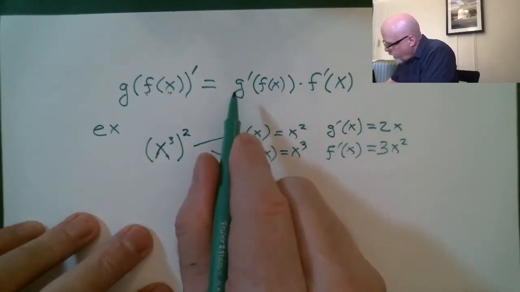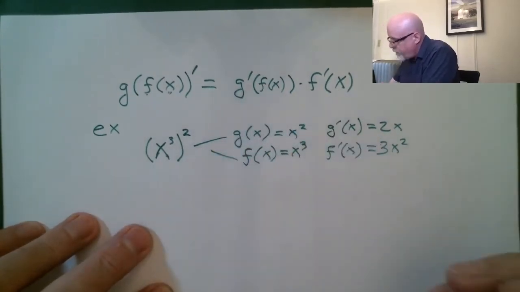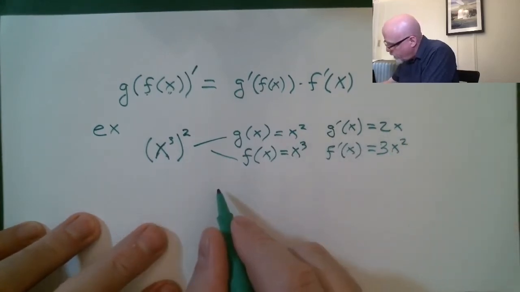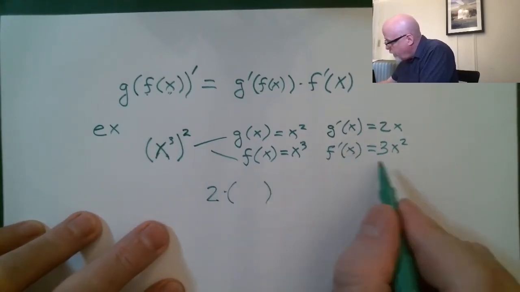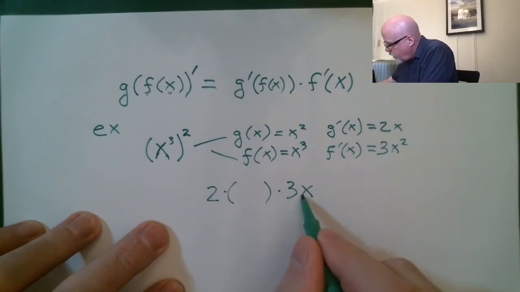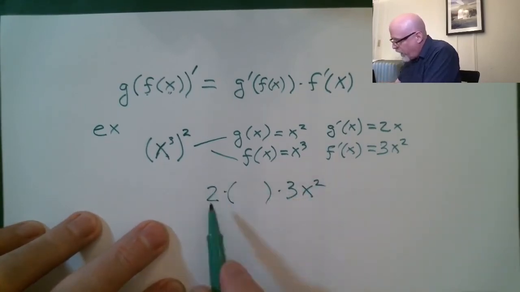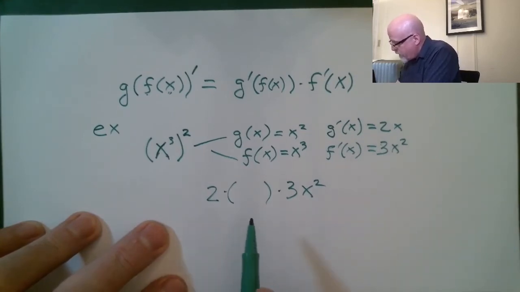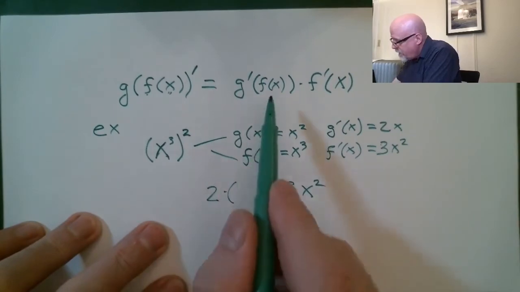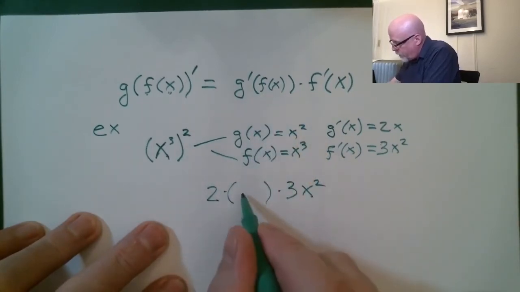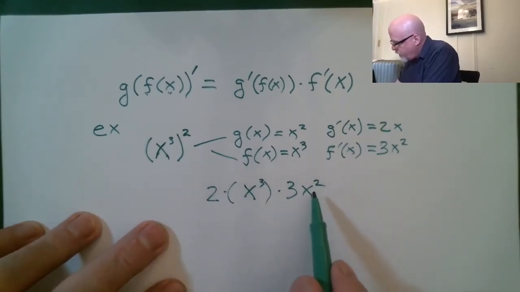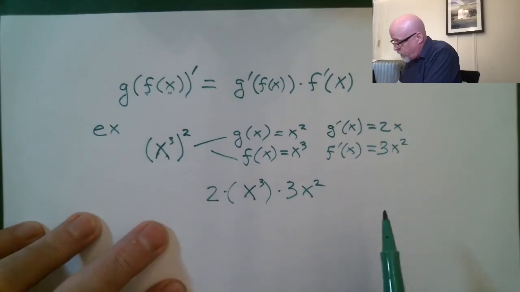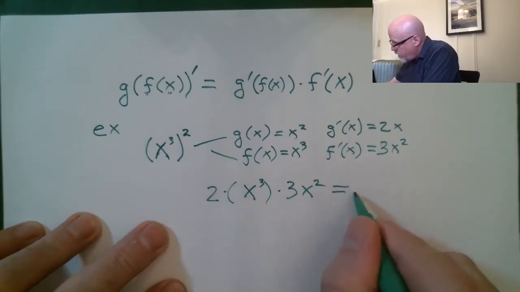So if we try to work out g prime of f of x times f prime, it's going to be 2 times whatever, and f prime is 3x squared. I always do it that way, by the way, sort of leave a blank for the x in the g prime, and then go back in and fill it out. What am I supposed to be sticking in the parentheses there? f of x, which in this case is x cubed. And so taking everything together, you've got x squared and x cubed, total of x to the fifth, and a 2 and a 3. This is 6 times x to the fifth.